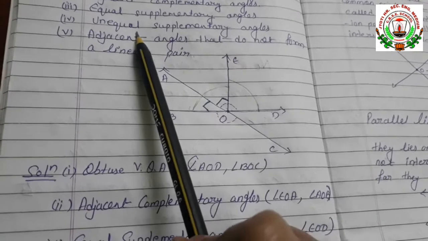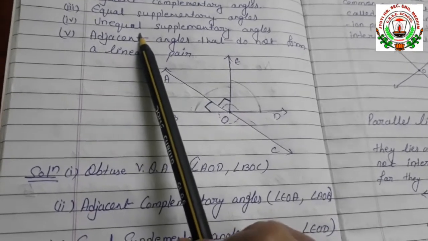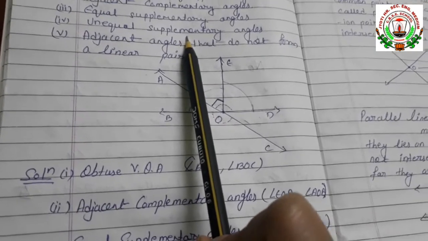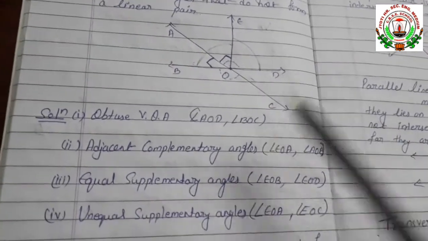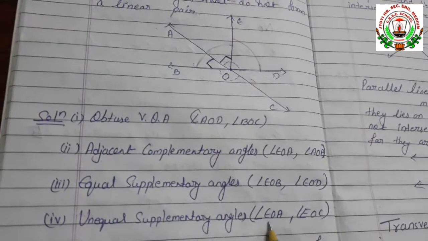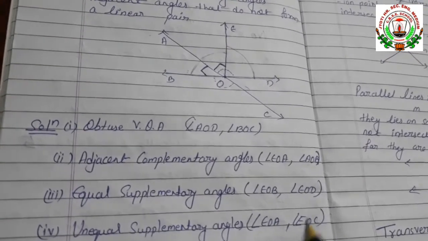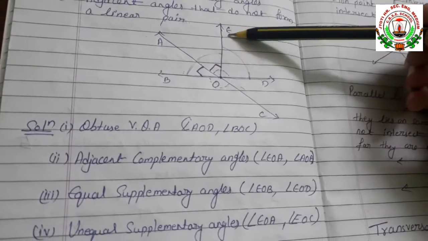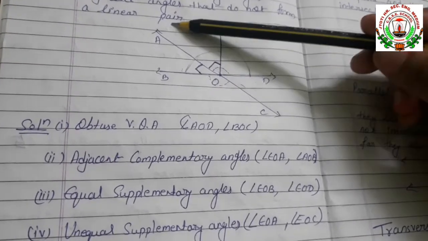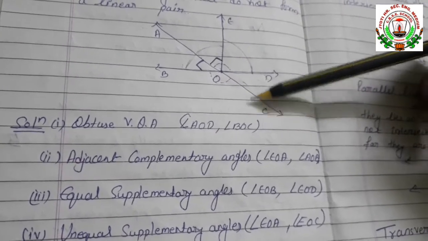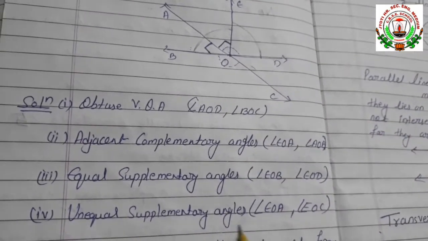Unequal supplementary angles mean the values of the two angles must not be equal, but of course they should be supplementary. Okay, so what is the answer for that? Unequal supplementary angles will be angle EOA and angle EOC. Where is it in the figure? Angle EOA and angle EOC. So these are the two unequal supplementary angles.